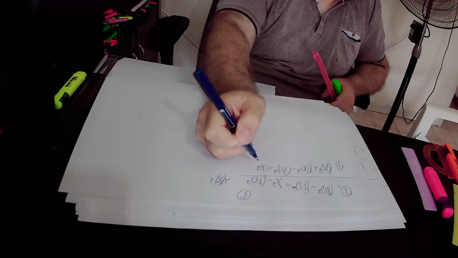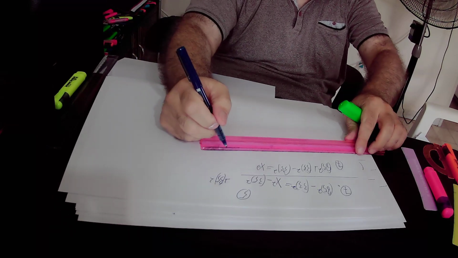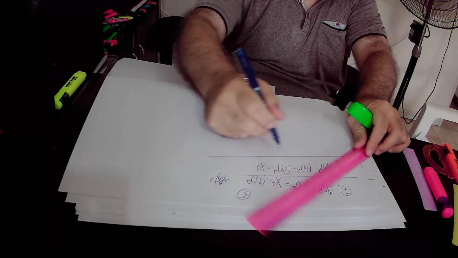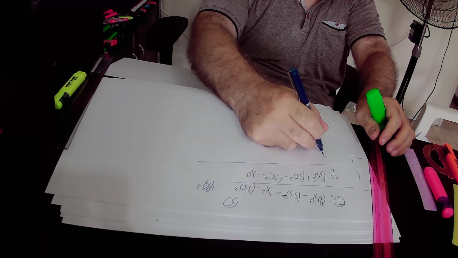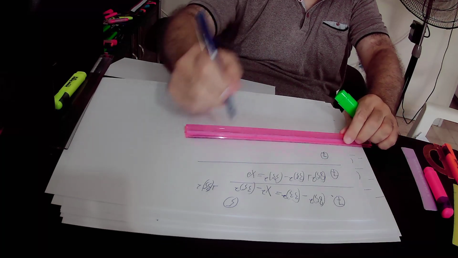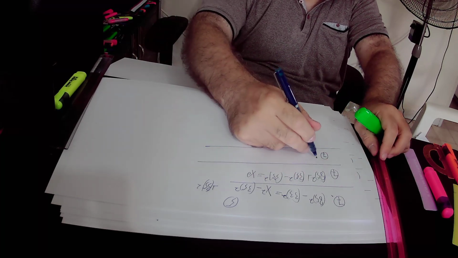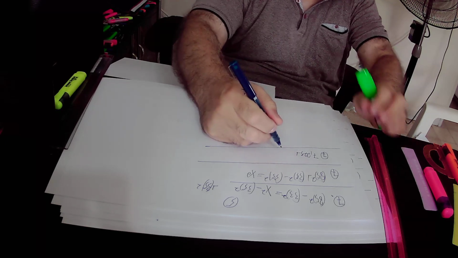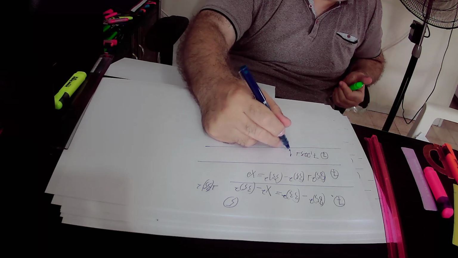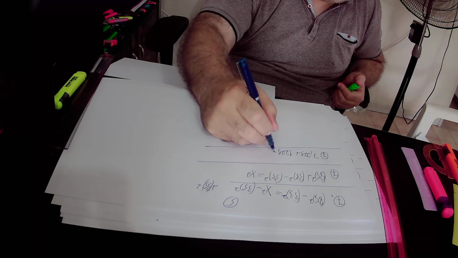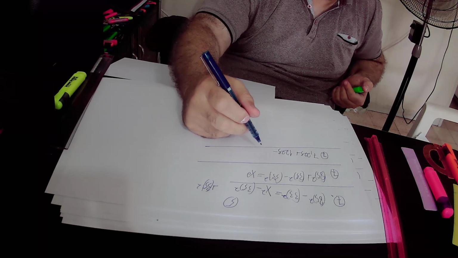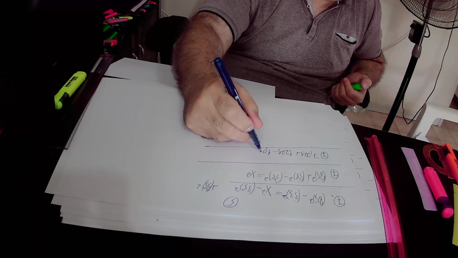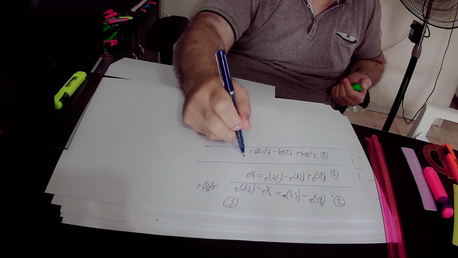X is the variable that we are looking for, the line segment that we are looking for. 85 square equals 7,225, plus 35 square equals 1,225, minus 33 square is 1,089, that is equal to x square.